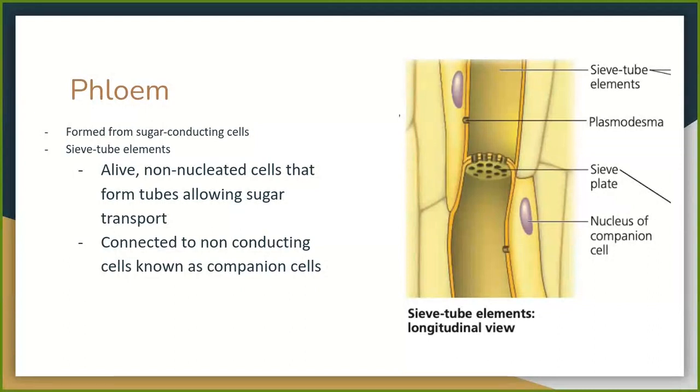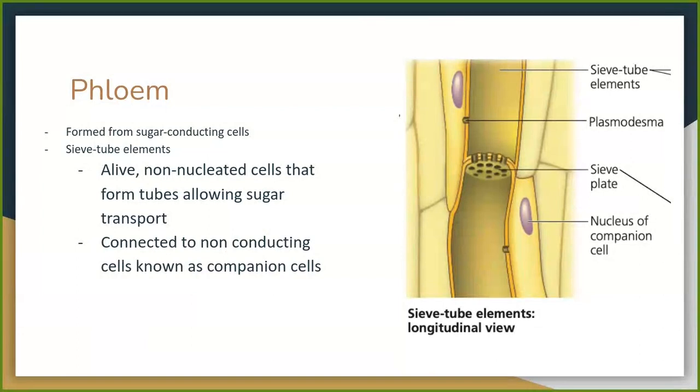These structures also have what are called sieve plates. You can see it in the diagram. It's similar enough to the plate of the vessels from the other slide. These sieve plates have pores that can allow for fluid to move from cell to cell. And alongside each sieve tube element is a cell known as the companion cell.